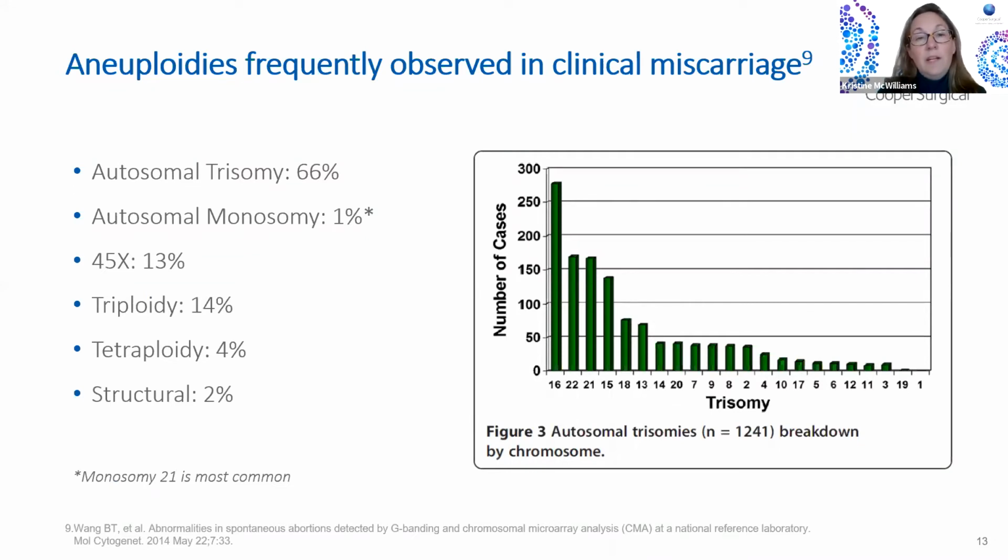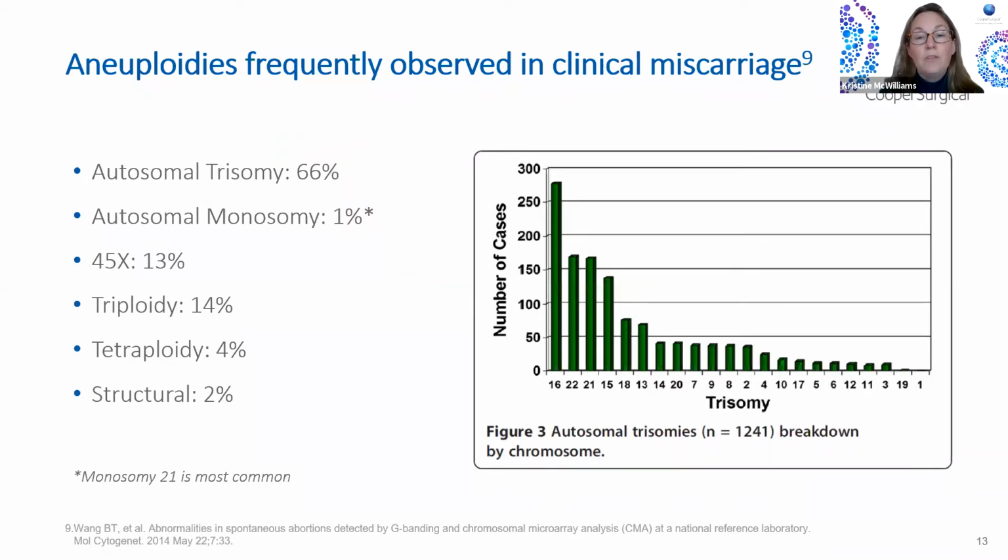This study here looked at, again, products of conception, but using array CGH in addition to karyotype to look a little bit more deeply at the abnormalities observed. Autosomal trisomies are by far the most frequently observed aneuploidies within products of conception at 66%. Trisomy 16 is the most commonly observed.